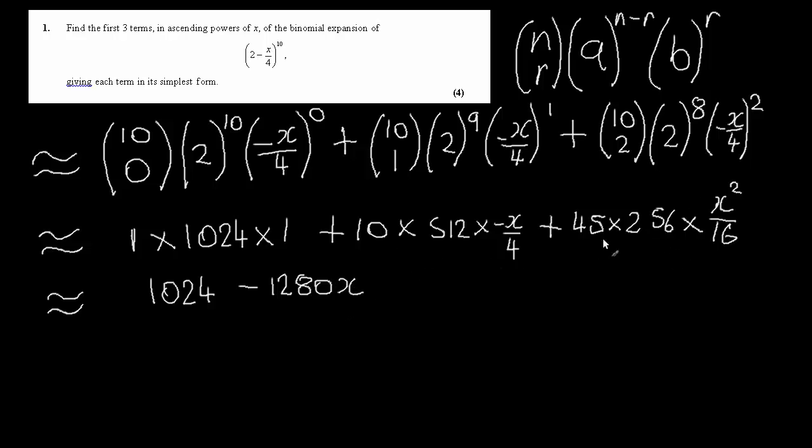And now we've got all positive terms here, so we just multiply the numbers, so it will be 720 x squared. And then that's it. So as I said earlier, the sequence would continue, but since this is only asking us for the first 3 terms, we are finished.